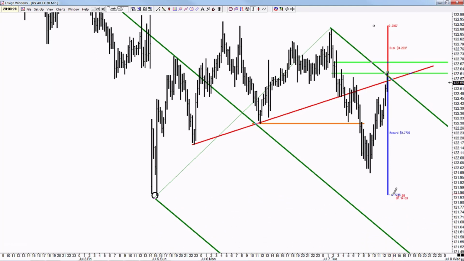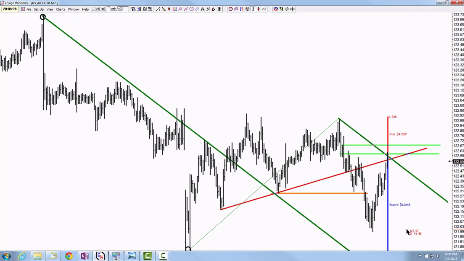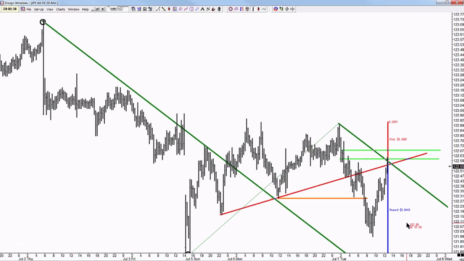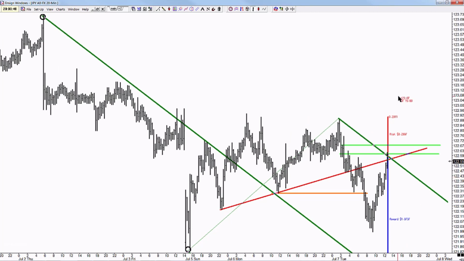Measure back down to the median line. Well, my screen's not cooperating. Measure back down to the median line, and we can see I have over 100 ticks. So that's 3-to-1. Conditions have now set up for me.